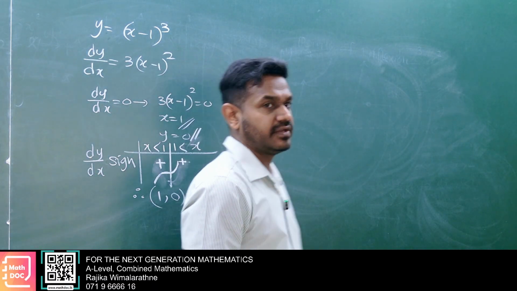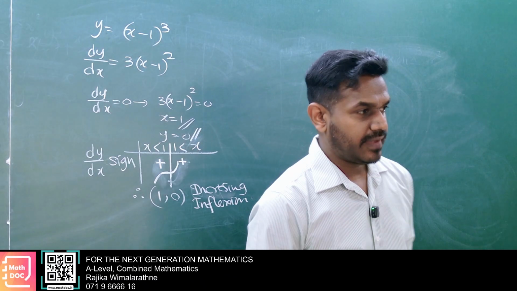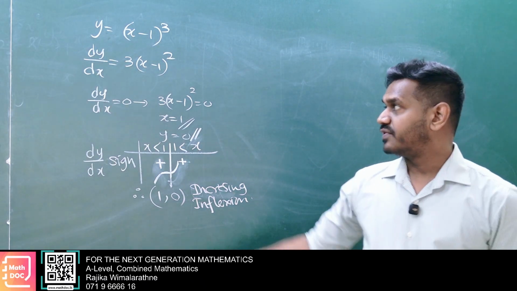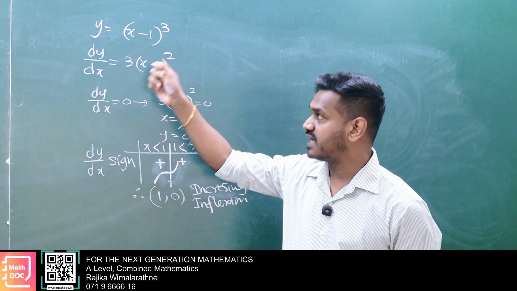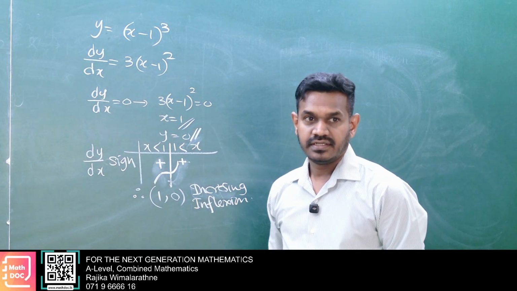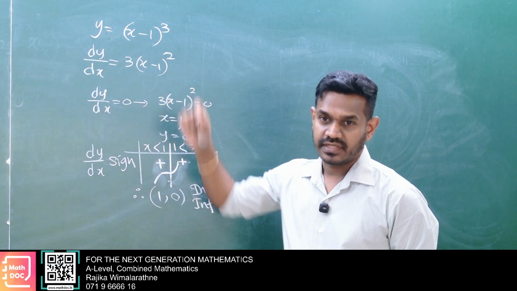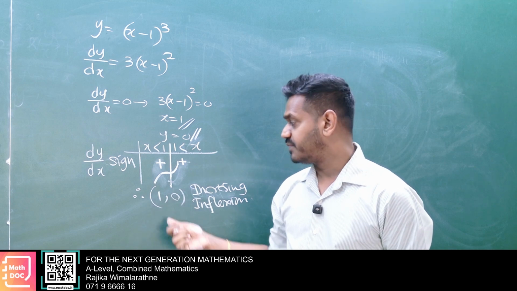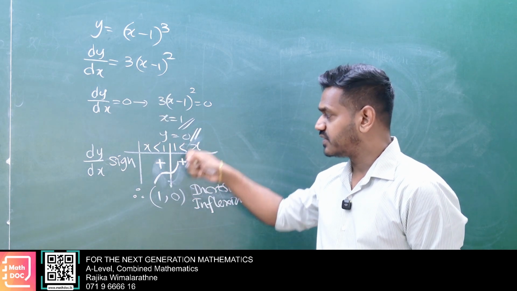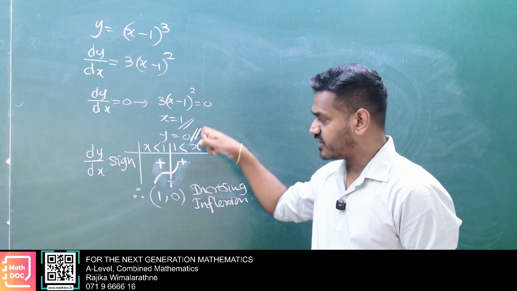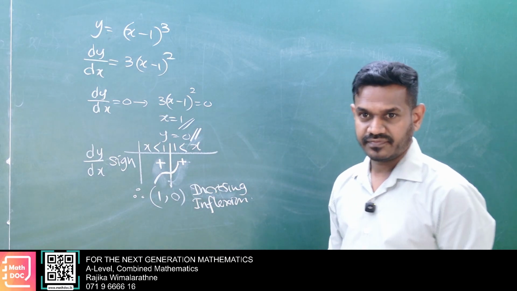Previously we obtained maximum or minimum. Now here x greater than 1 the sign won't change, x less than 1 the sign won't change. Here power 2, so the sign won't change. All are positive, but at x equal 1 it is 0. Then positive, 0, positive: increasing inflection.